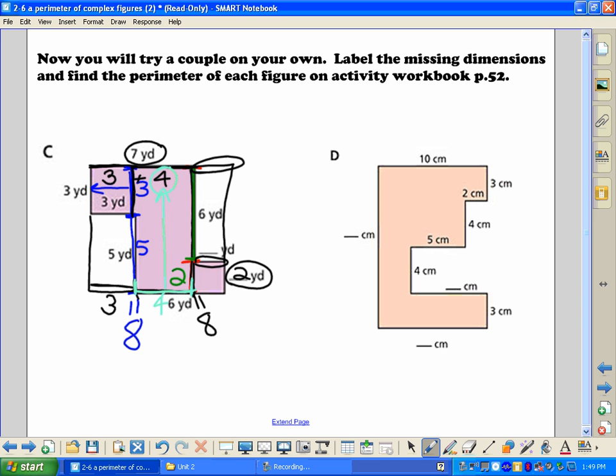If this part of it is 4, and I know a total of it is 6, so this part here has to be 2. So cross from there is 2.